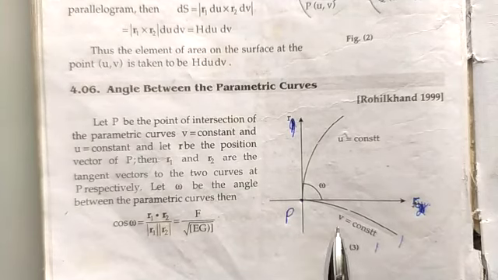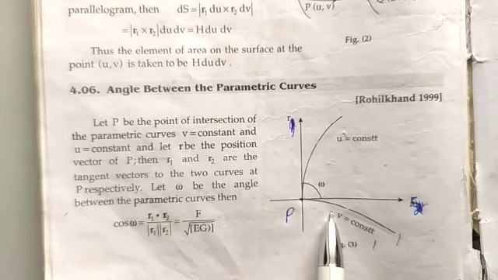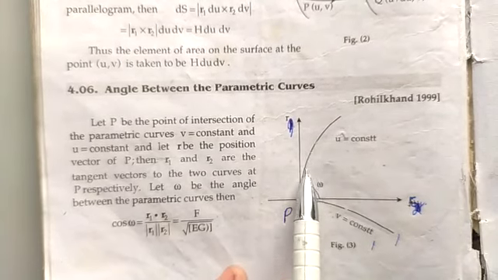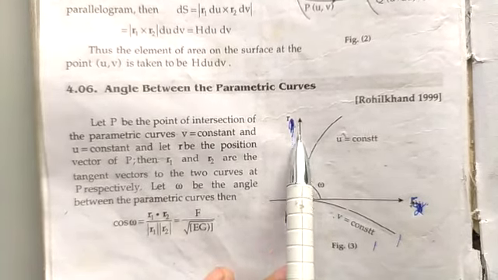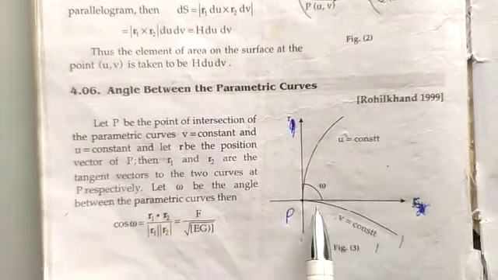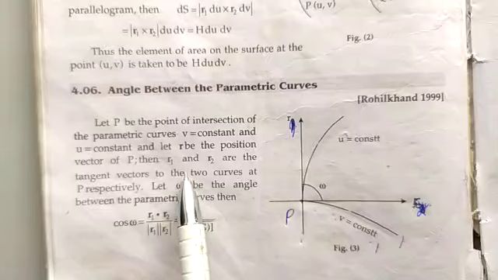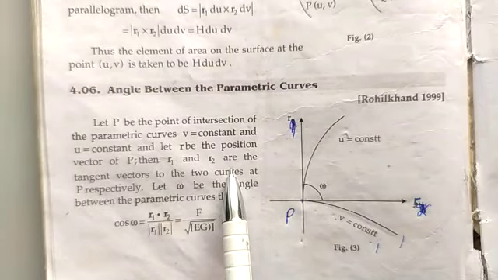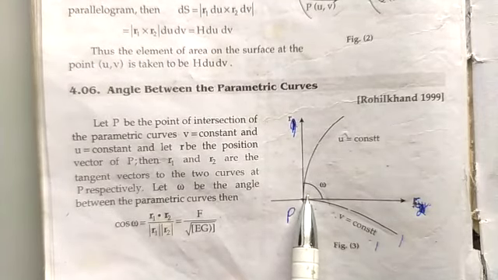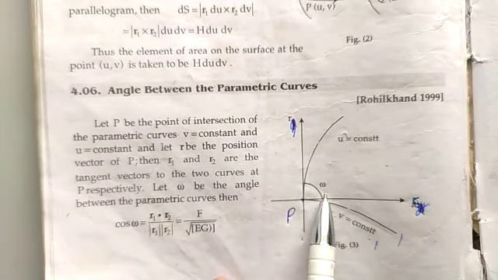As we already know, the angle between two curves is the angle between their tangents. So let us draw tangents to these two curves. This is the tangent corresponding to the curve u equal to constant and this is the tangent corresponding to the curve v equal to constant. These tangents we have denoted by r1 and r2. If we find the angle between r1 and r2, that will be the angle between the given parametric curves. Let us denote this angle by the symbol omega.